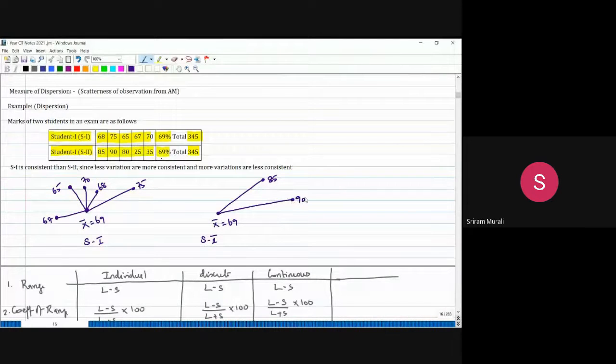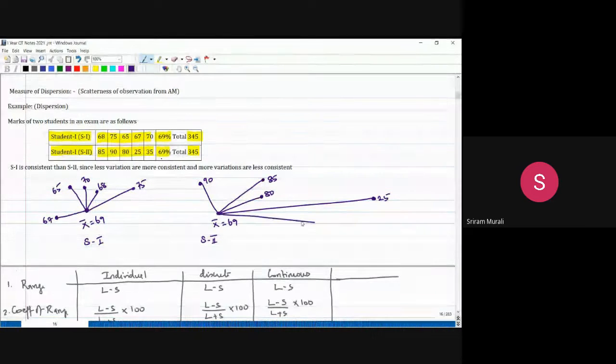It is also far away. 80. And then 25, just imagine where it is. It varies from 69 in a very far way. Also 35.